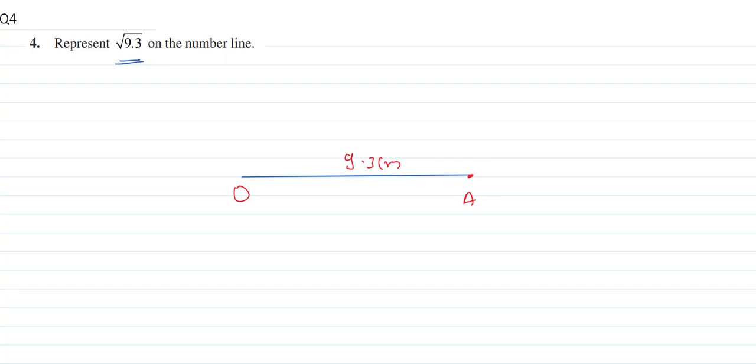So from the figure I can write OA that we have constructed is 9.3 centimeter, right? And OB will be OA plus AB, that is 9.3 plus 1. So it will be 10.3 centimeter, right?